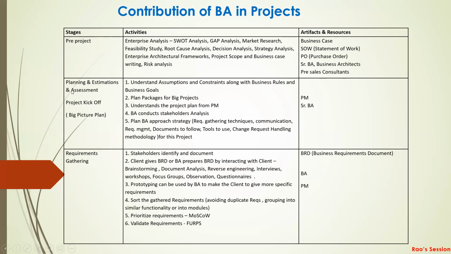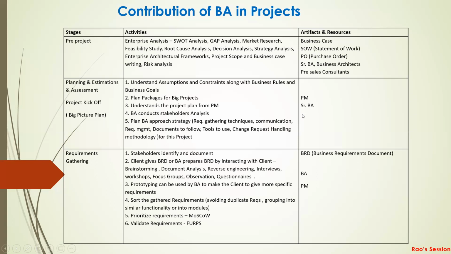And then planning, estimation and assessment. Once the project is allotted, there should be a big picture plan. Who is going to do this? The senior people, the project manager and the senior BA. They look at the business goals and plan for the project: which model to follow, or what the BA approach is. All of this is decided here.